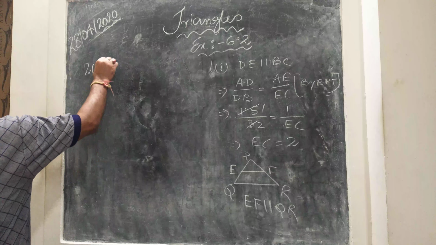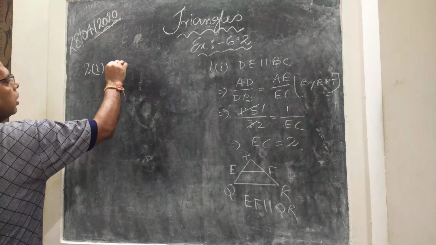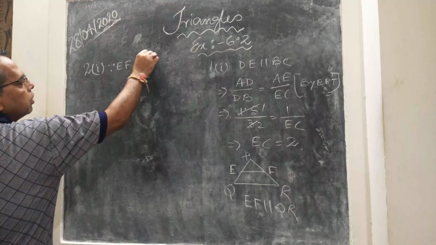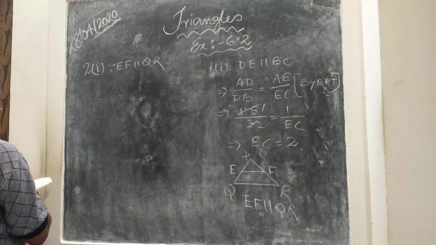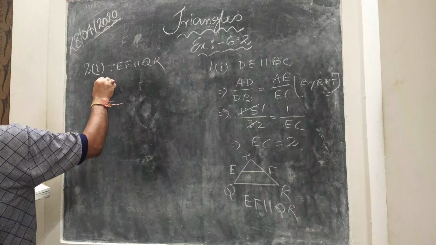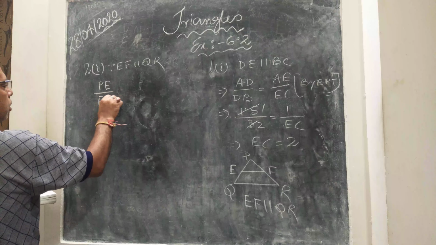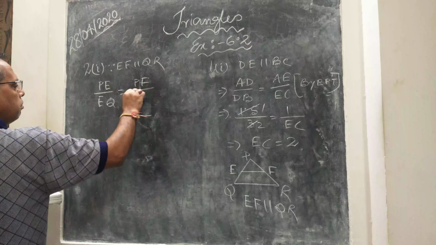Then you see, since EF is parallel to QR, then what will happen? PE by EQ equal to PF by FR.